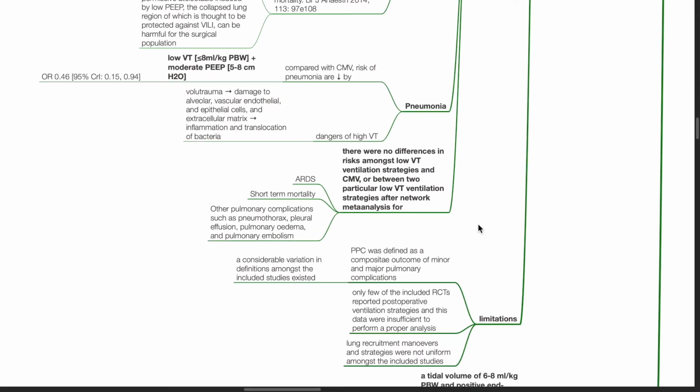There were no differences in risk among low tidal volume ventilation strategies and conventional mechanical ventilation, or between two particular low tidal volume ventilation strategies after network meta-analysis for ARDS, short-term mortality, or other pulmonary complications.